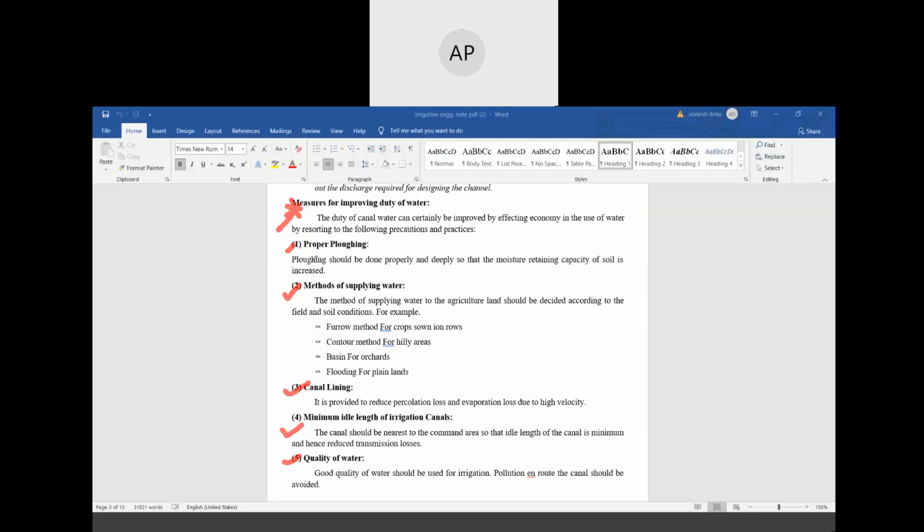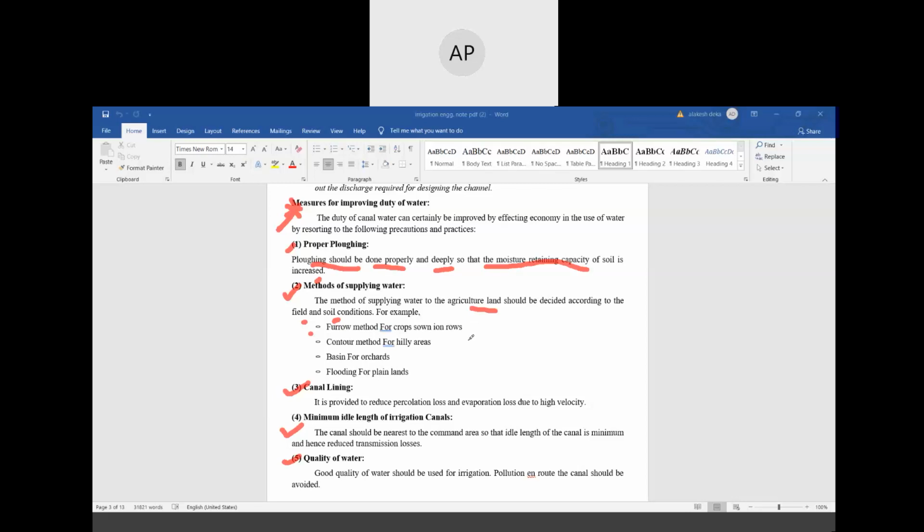So plowing should be done properly and deeply so that the moisture retaining capacity of the soil is increased. Methods of supplying water: the method of supplying water to the agricultural land should be decided according to the field and soil condition. In the next chapter I am going to give the different methods of irrigation.